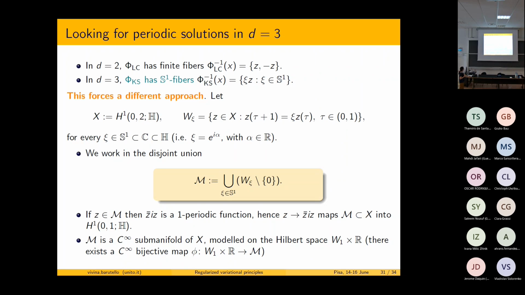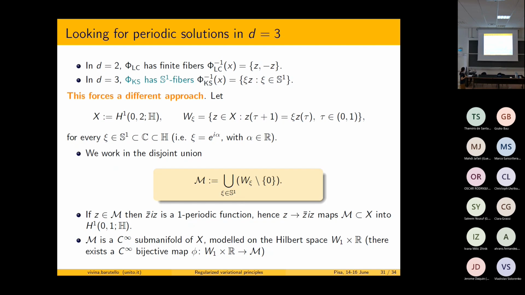These functions are simply the periodic functions when C is 1, the antiperiodic functions when C is minus 1, while when C is another element in S1 it is another set. So actually the same machine of the planar case works here.